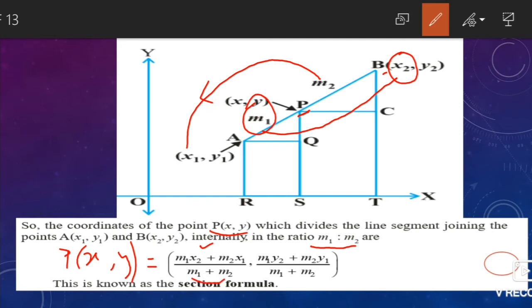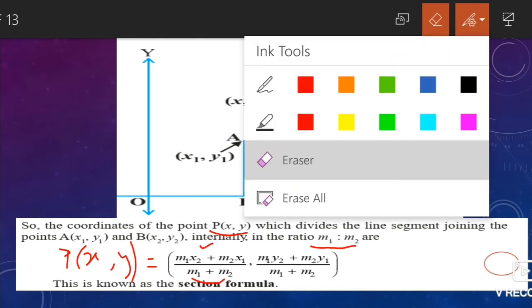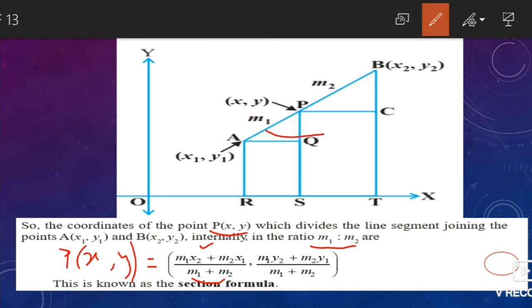Similarly, for the y coordinate the process is the same: m1 into y2, the opposite one, plus m2 into y1, divided by the sum of the ratio. In this way you have to remember the section formula.